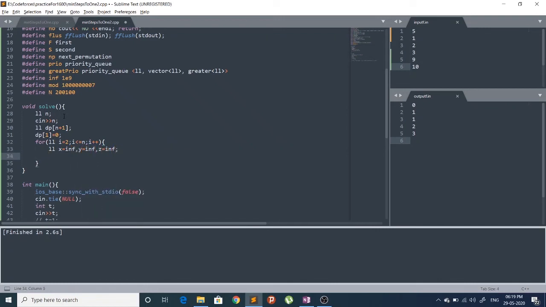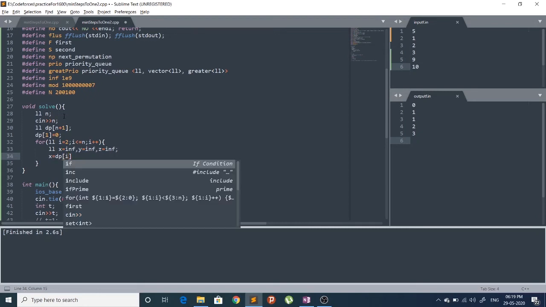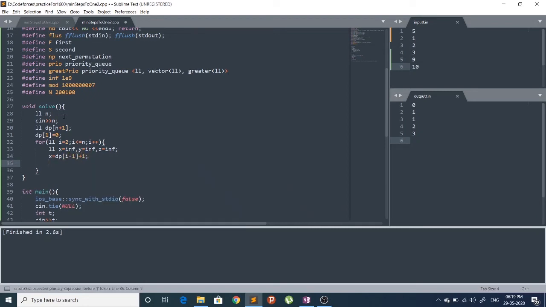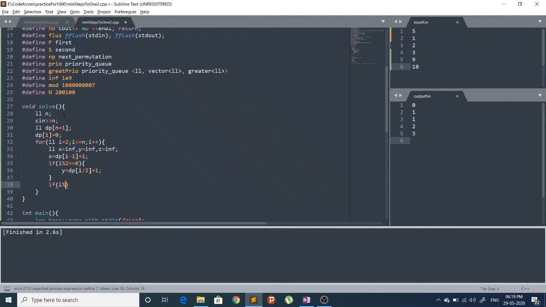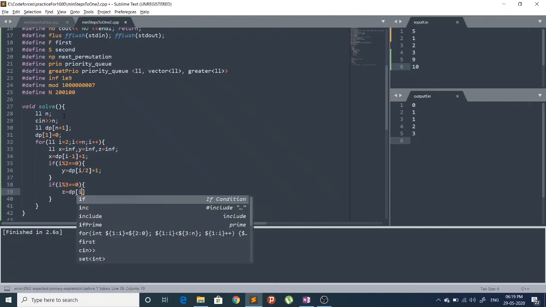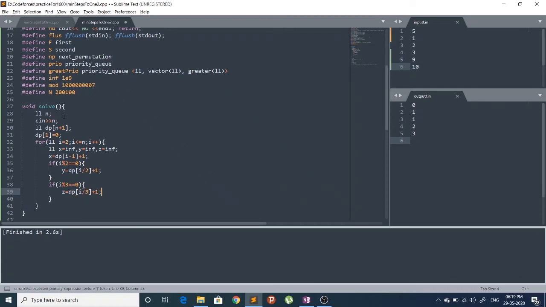Now x will be dp of i minus 1 plus 1, and if i % 2 equals 0, then y equals dp of i by 2 plus 1, and if i % 3 equals 0, then z equals dp of i by 3 plus 1.